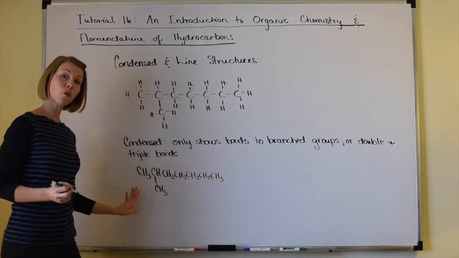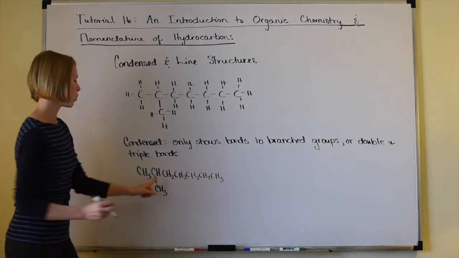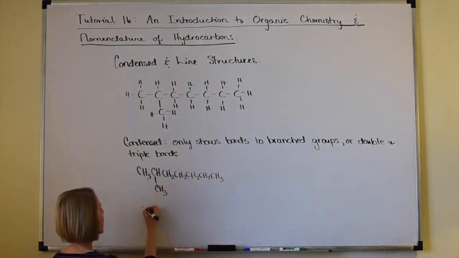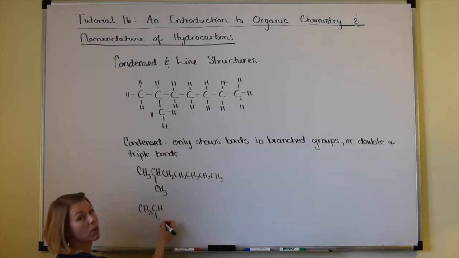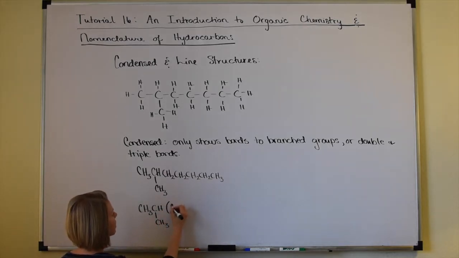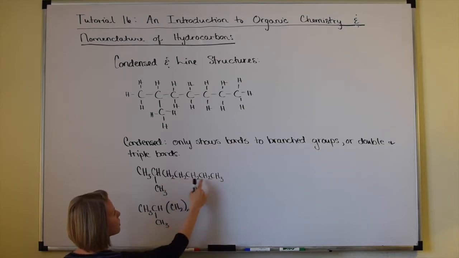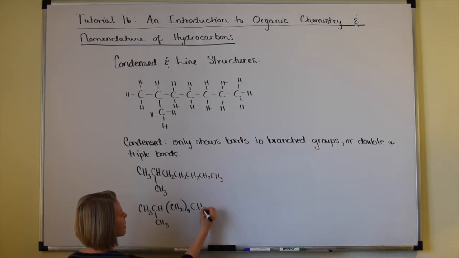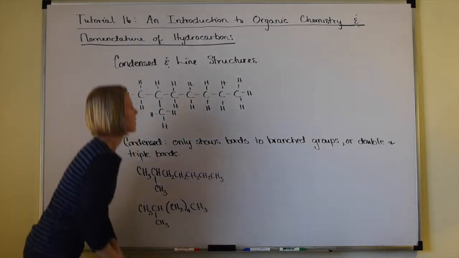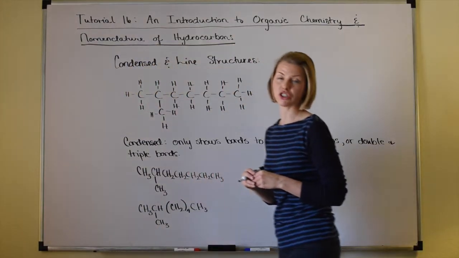Now, an even shorter way to write this would be to just write that you have 4 of these. So we would write that as CH3, CH, show the bond to the branch group, which is a CH3 here. And then we'd write parentheses. We have 4 of these, 1, 2, 3, 4, and then another CH3 at the end. So that's how you write a condensed structure.